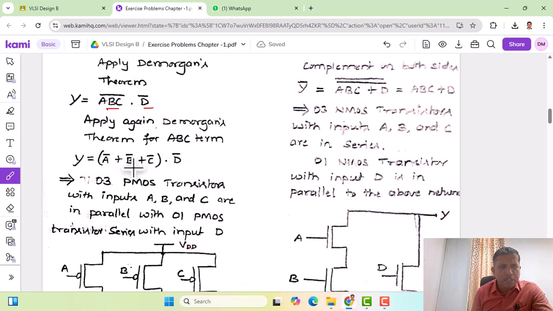Among them, 3 PMOS transistors with inputs A, B, C are connected in parallel because of the plus signs, and that structure is in series with the PMOS transistor with input D. Okay, so this is the network of the pull-up structure.